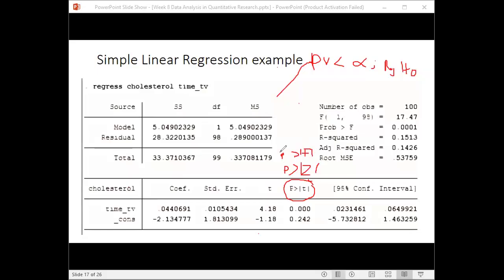So the P is just telling you that this column is the probability values. And what do we compare with? We compare with 1%, 5%, and 10%.